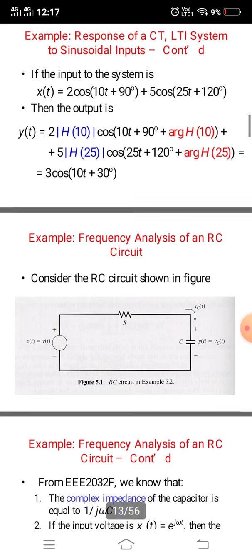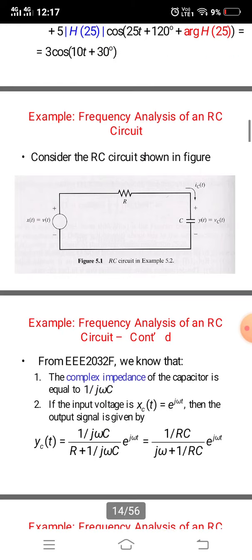This is the RC circuit. It has some modification with the type of capacitor. The type of capacitor means complex impedance. A capacitor always has complex impedance, which is 1 by j omega C. This impedance is compared with the input voltage xc of t equal to e power j omega t.